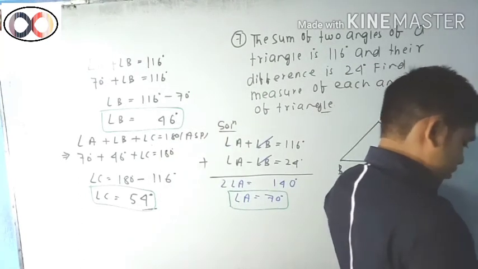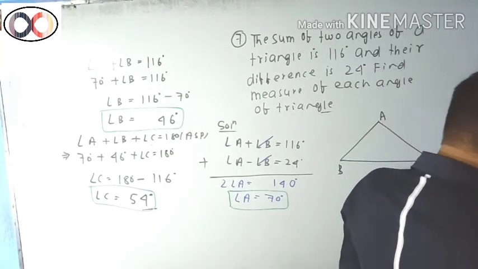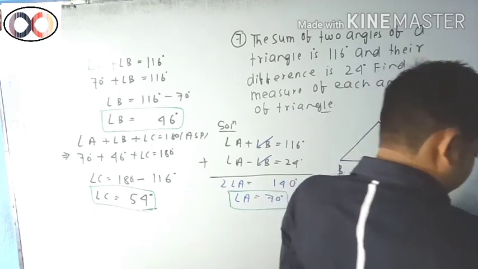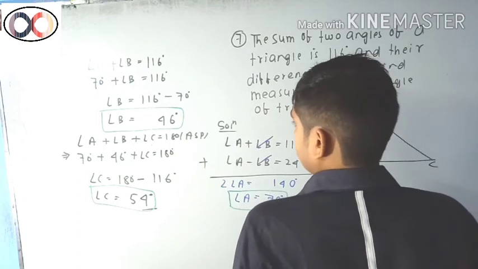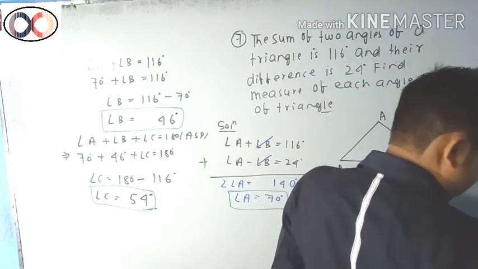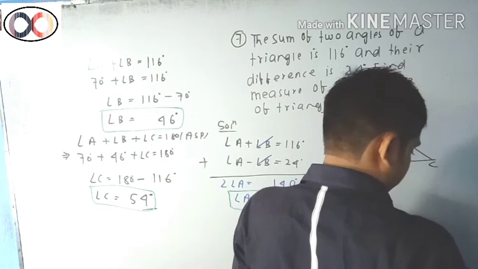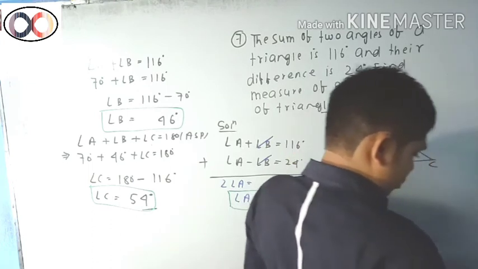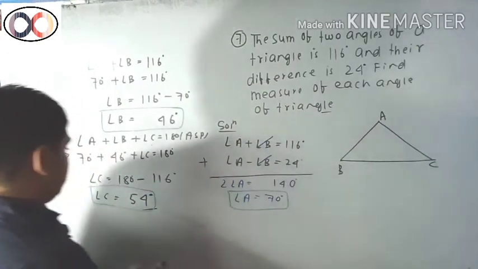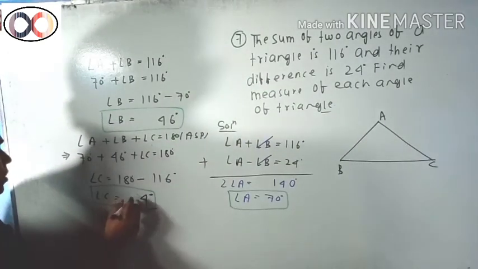Question 7: angle A is 70, angle B is 46, and angle C is 64 degrees. Yes, there was some mistake earlier; you will get 64. 180 minus 116 is 64 degrees.